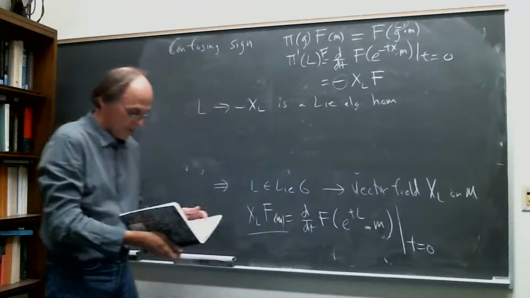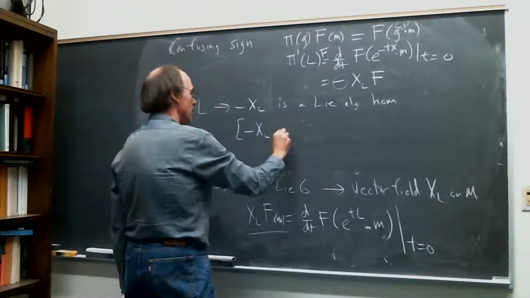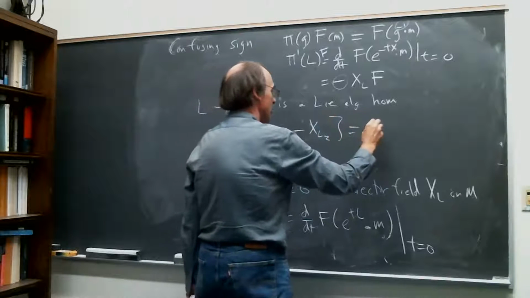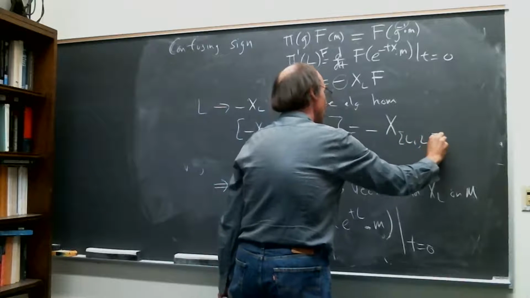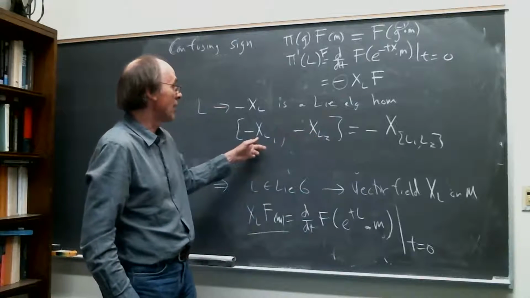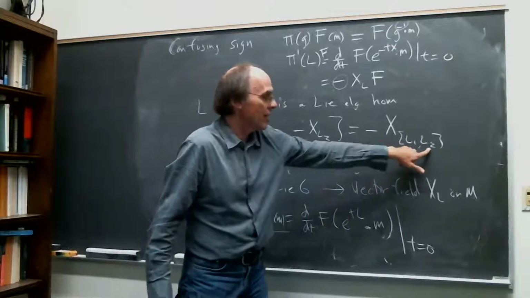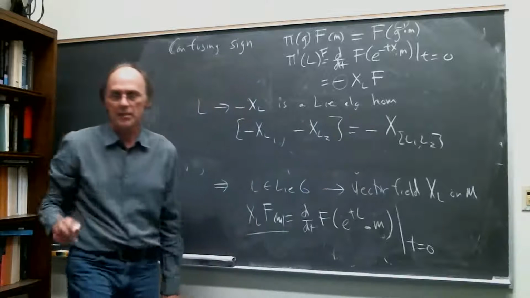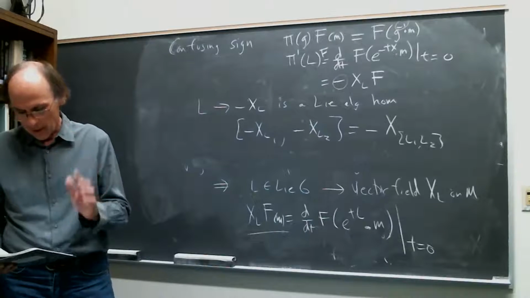In other words, what you got is that the bracket of minus X_{L1} and minus X_{L2} is equal to minus X_{[L1,L2]}. Here, this is the Lie bracket on the vector fields, and here it's the Lie bracket on the Lie algebra. But this minus sign is a source of great confusion about how to deal with it.